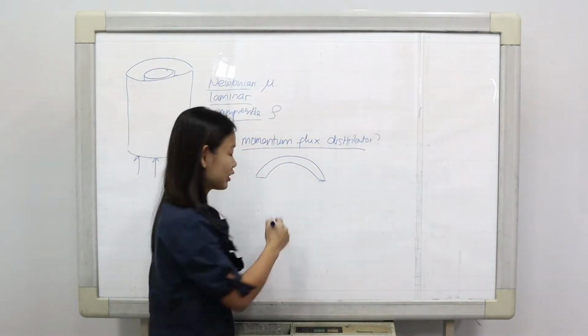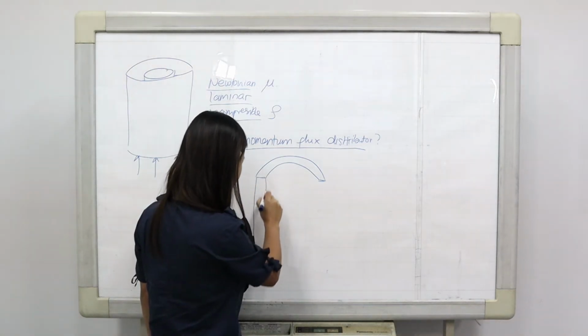Now I have the cross section of our annulus.